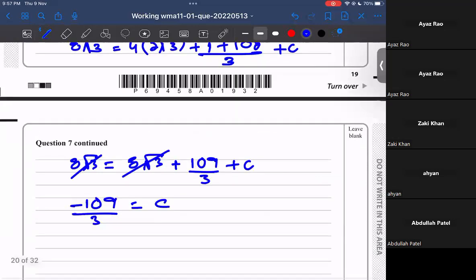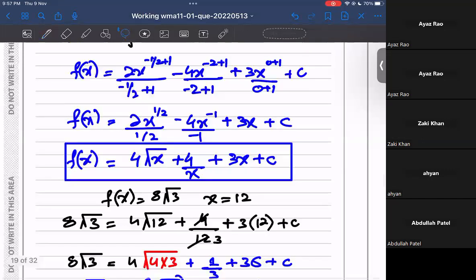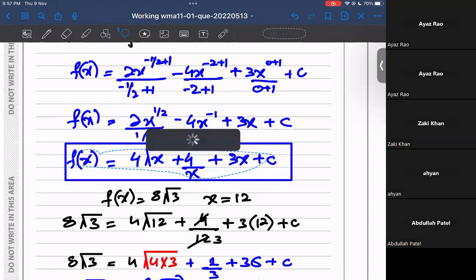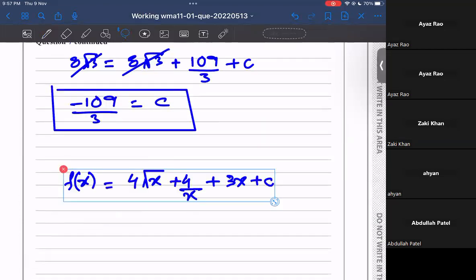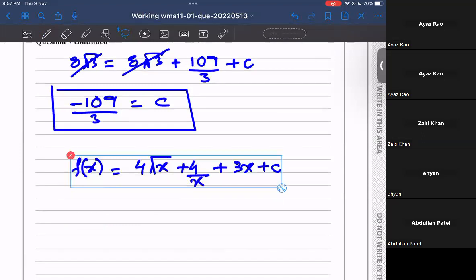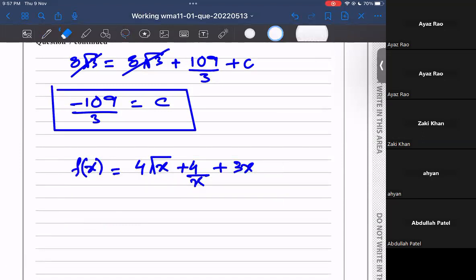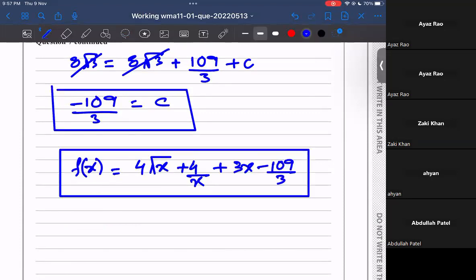Now I'm going to put this value of c in the integral equation, in f of x. This is going to be the value of f(x), and you will get the big answer.